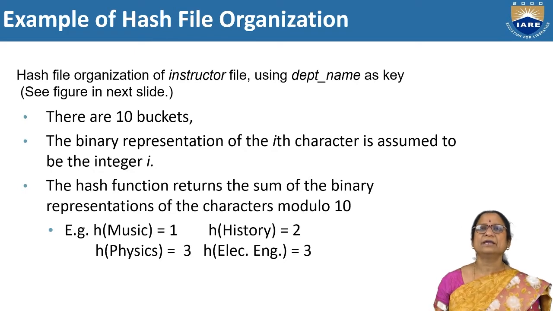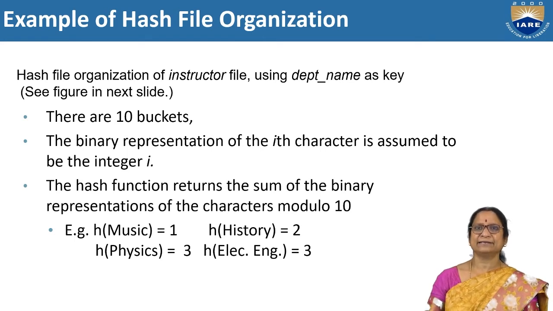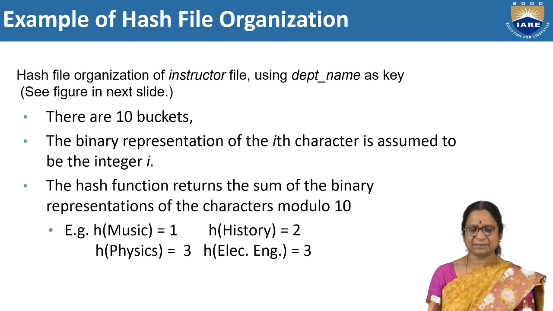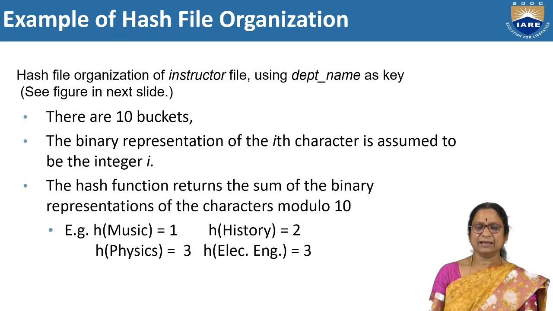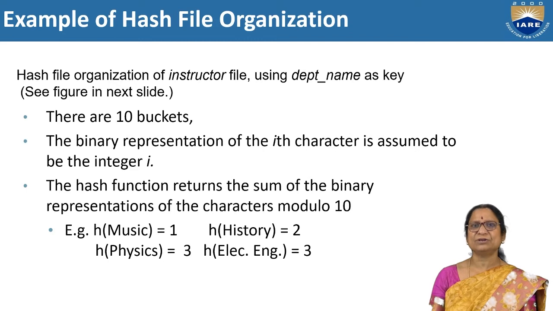That is, if there are n characters, 1 plus 2 plus 3 and so on up to n, the binary representations are considered and summed, modulo 10. Modulo 10 means remainders, similar to the modulo I told you about just now. Whatever value you get for any key value, it is divided by 10 and the remainder is taken.